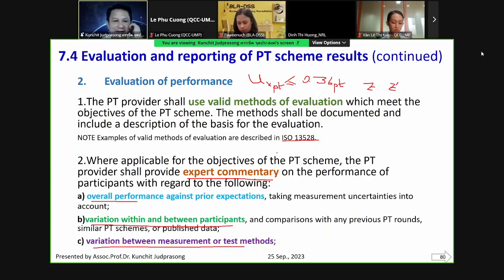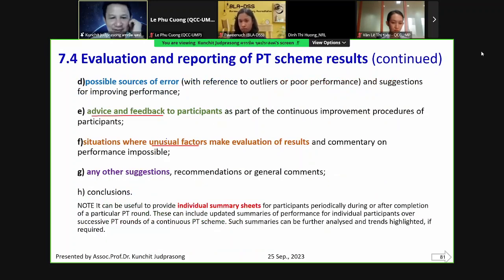Unusual. Okay. Let's say, for example, in my previous PT program, we have the X PT, sigma PT, but it is high variation. For example, for vitamin A, we accepted around 10%.